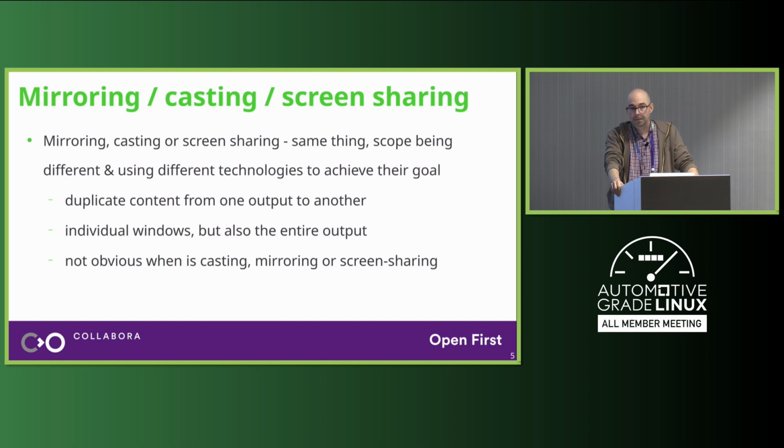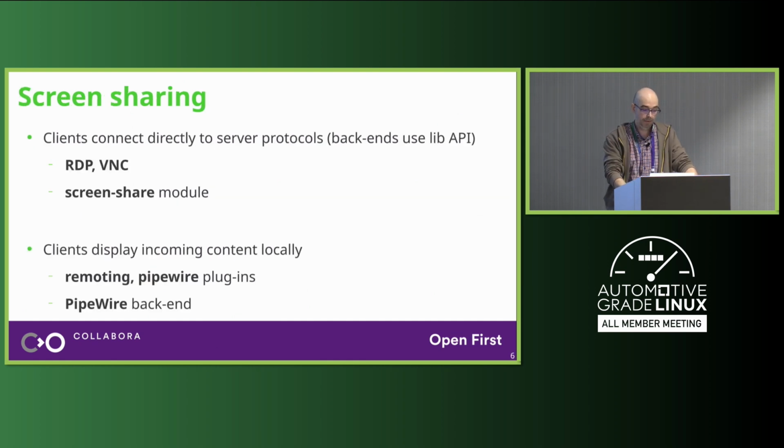But it's not obvious when it's casting, when it's mirroring, or when it's screen sharing. So here's an example of that. If we look at how clients connect or how clients display incoming content, we have two basic categories here. We can use RDP and VNC backends or the screen share module, or we can use remoting and PipeWire plugins or the PipeWire backend.